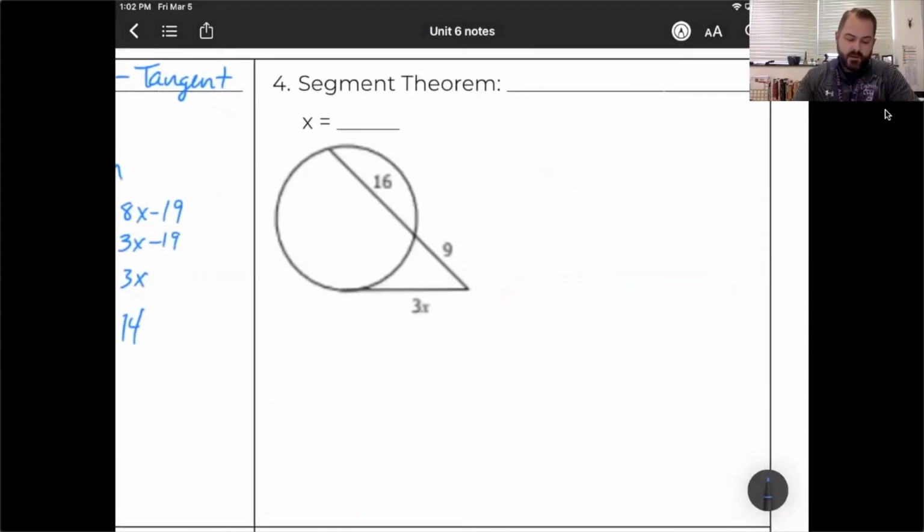On number 4 here, we have a segment theorem involving this bottom segment is a tangent. This other segment is a secant because it's got an inside and an outside part. So this is secant tangent.